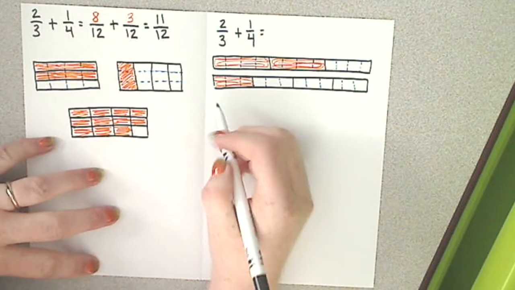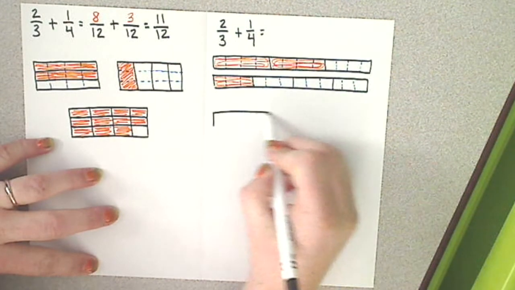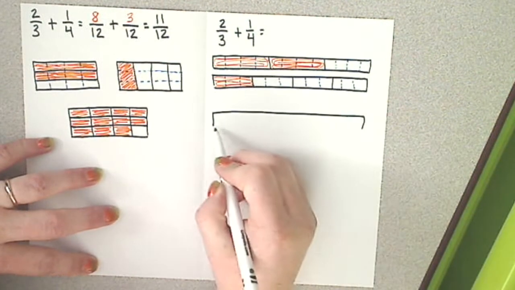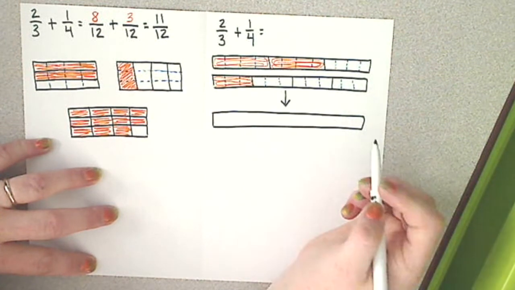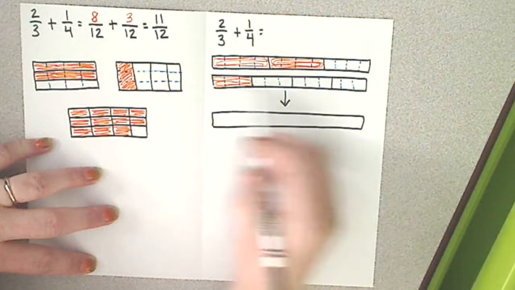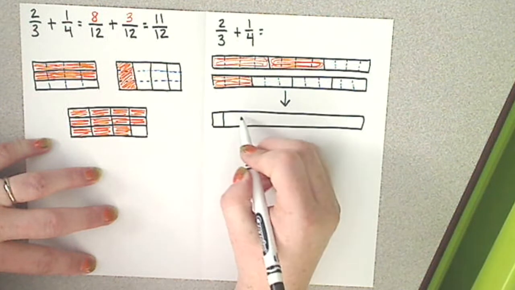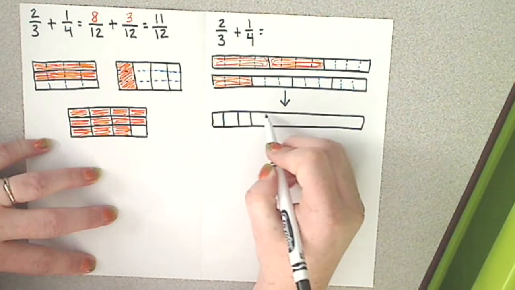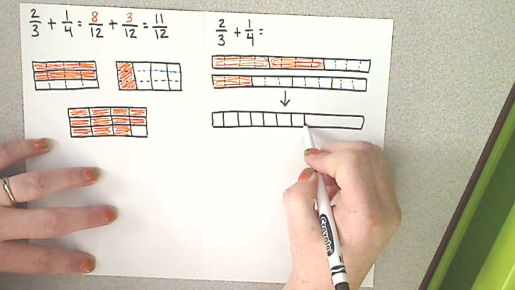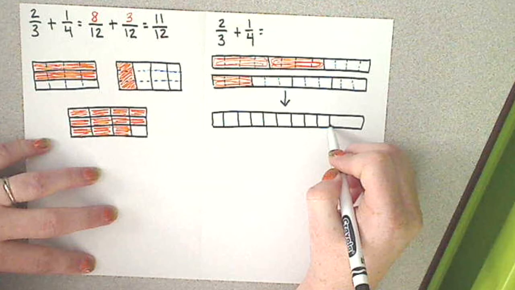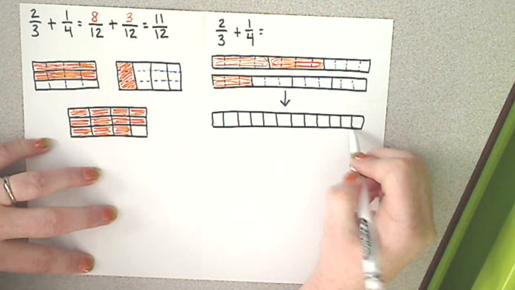So now I'm going to draw another fraction strip, and I'm going to show the progression of this. So I need 12 pieces in all. So 1, 2, 3, 4, 5, 6, 7, 8, 9, 10, 11, and 12.